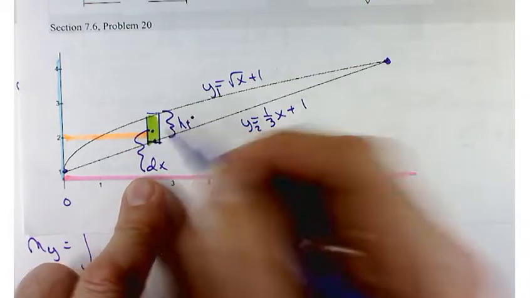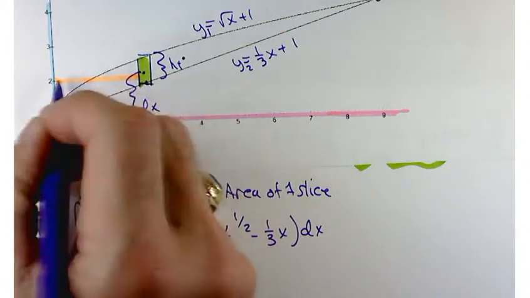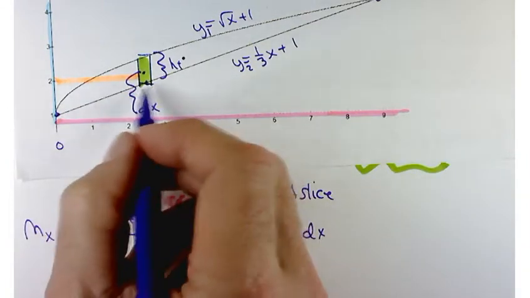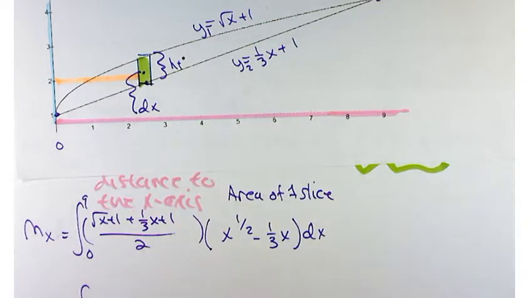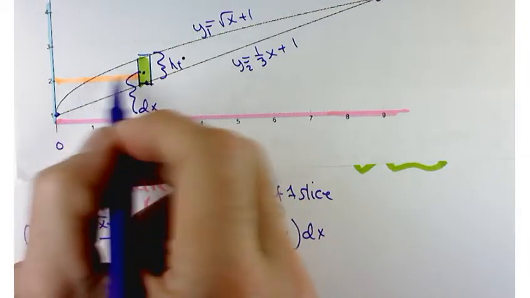Well, I've got that. The area of that figure is just going to be this part right here. But I also need to know this distance. Now for your dx terms, don't imagine them as having any real thickness. Dx is arbitrarily small. So we just need to characterize this distance.